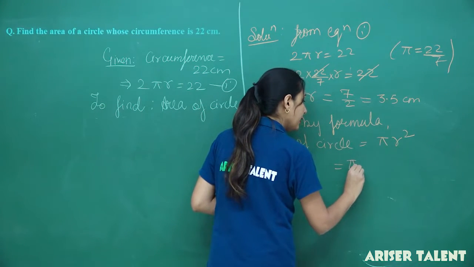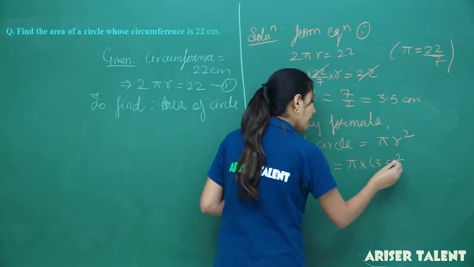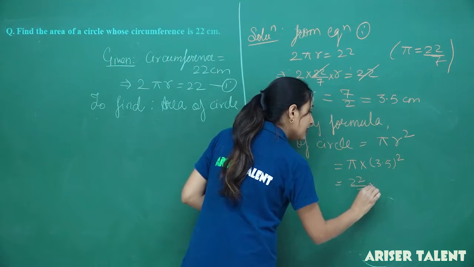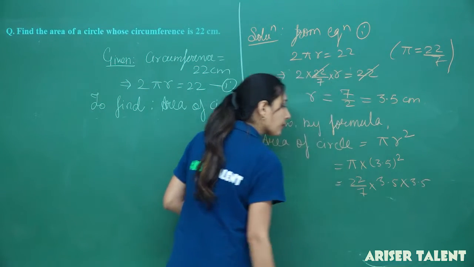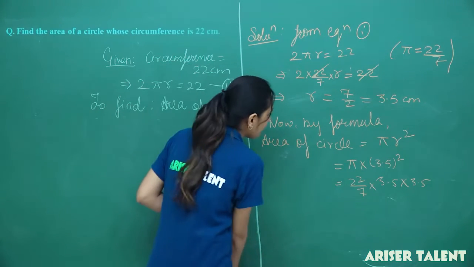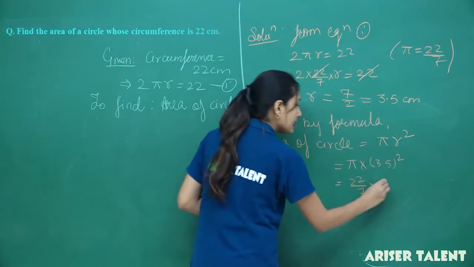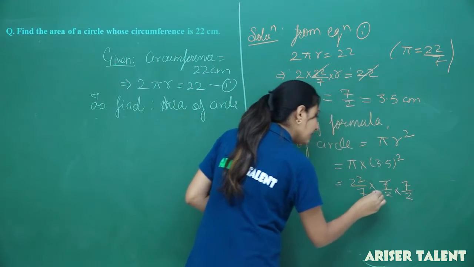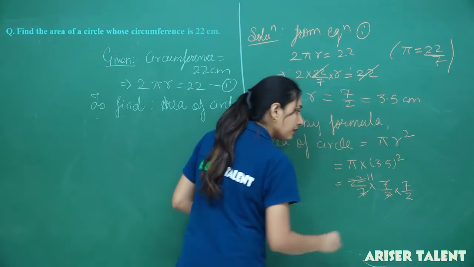Equals pi multiplied by 3.5 square, or I can write 22 by 7 multiplied by 3.5 and 3.5. Or I can write 7 by 2, 7 by 2, because 3.5 is nothing but 7 by 2. This 7 will cancel out by this 7, and this 2 by this 22.